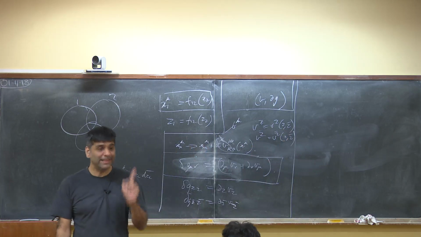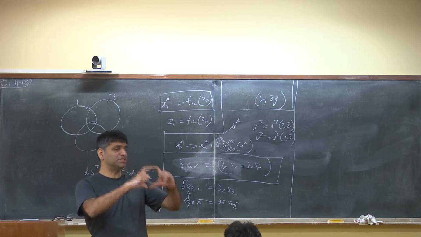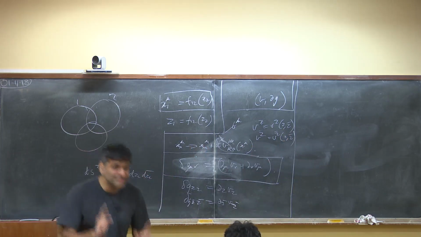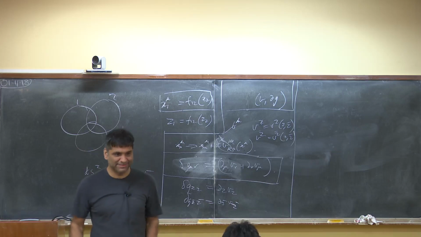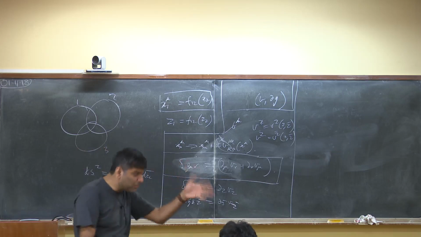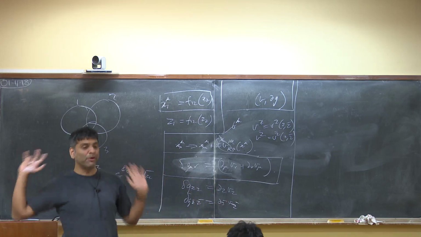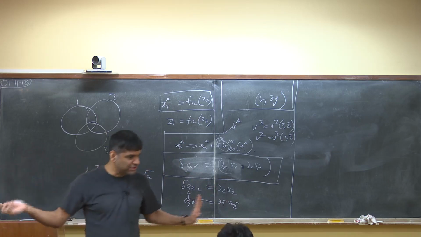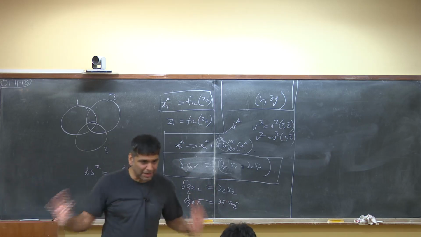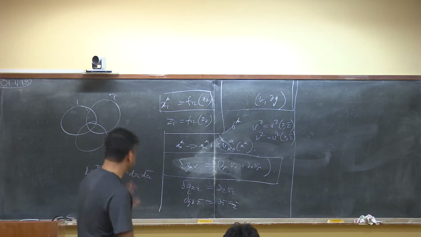What must be in the end is that once we do this change in every patch, the transition functions remain holomorphic. We can involve some non-holomorphicity here, some compensating non-holomorphicity here, such that the transition function remains holomorphic. That's all we care about. This need not be holomorphic.